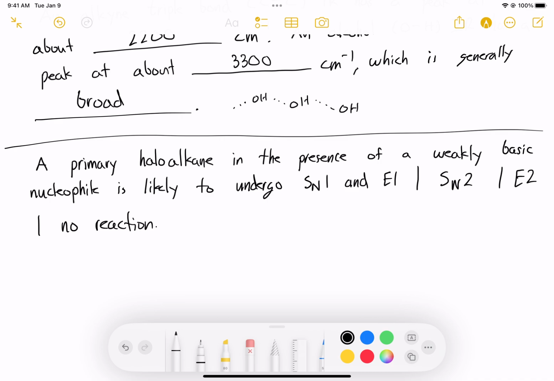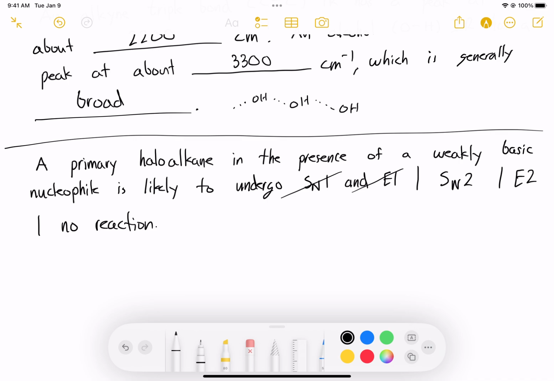So we have a primary haloalkane that favors SN2, right, or E2. So we can cross out SN1 and E1. That's not going to happen. Now, is it SN2 or E2? And we know the reaction is going to happen, because SN2 favors reaction with a weakly basic nucleophile.